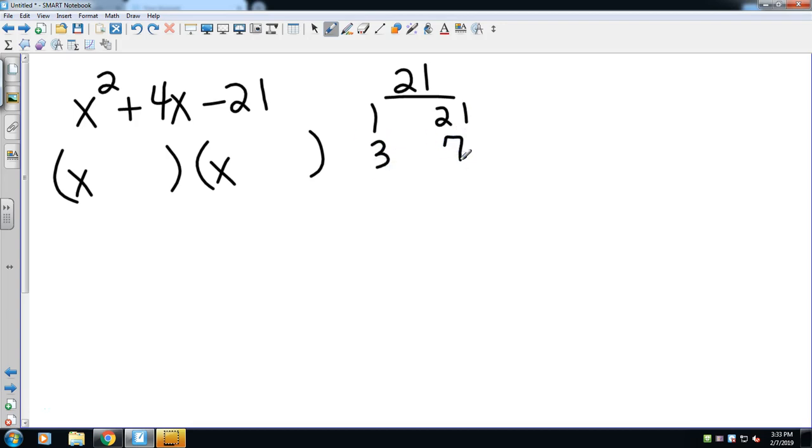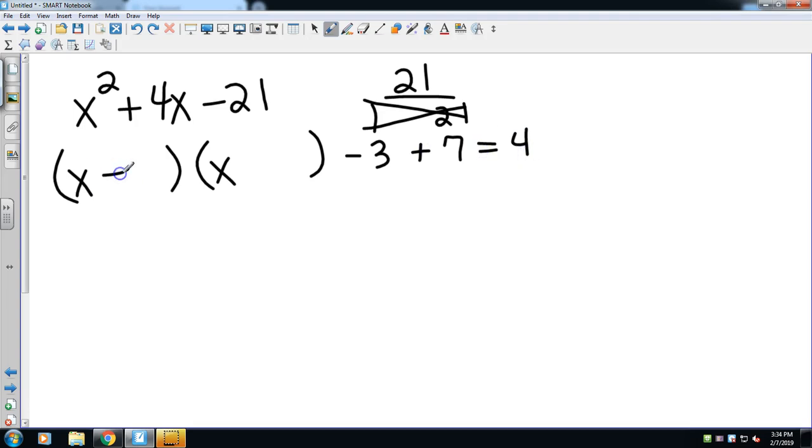Obviously, there's no way I can put a 1 and a 21 together to get 4, so I'm going to cross that one off. However, how can I combine a 3 and a 7 to give me positive 4? Well, if I did negative 3 plus 7, that would give me 4.